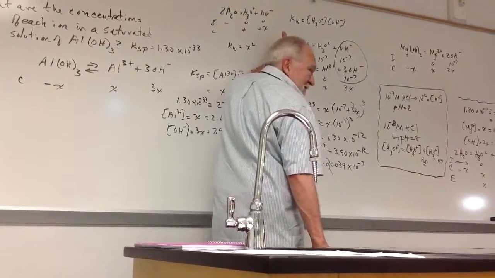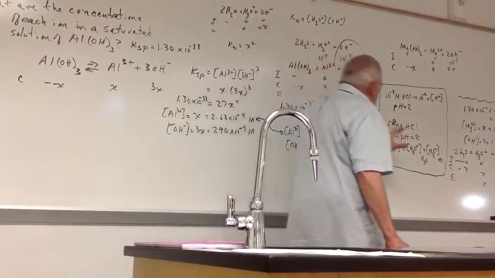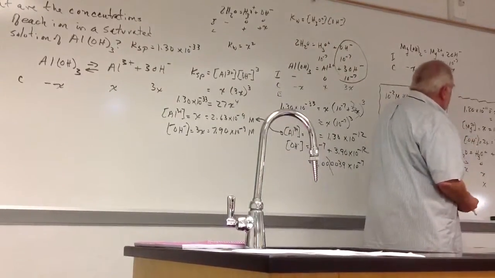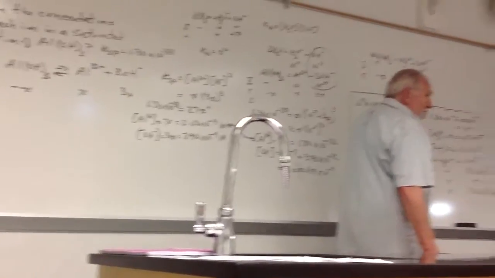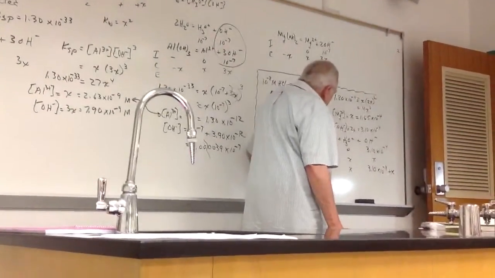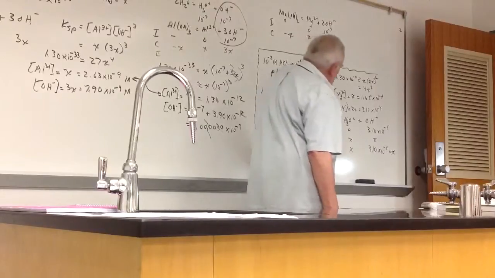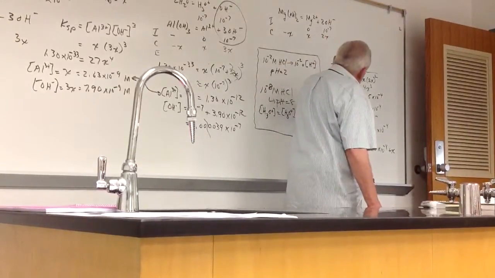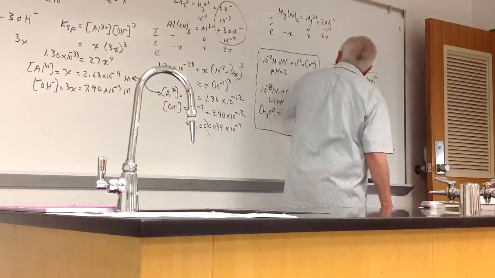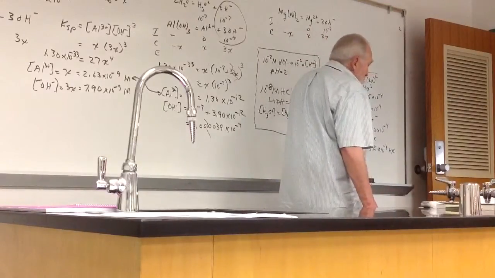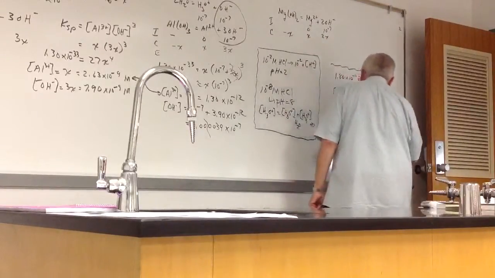I start with it. Now what I'm doing, and this is just justifying why I can do that, I want to find out what I actually have in terms of hydroxide ion from water. This is the hydroxide ion I get from just thinking about the magnesium hydroxide. Okay? So now let's solve this problem.